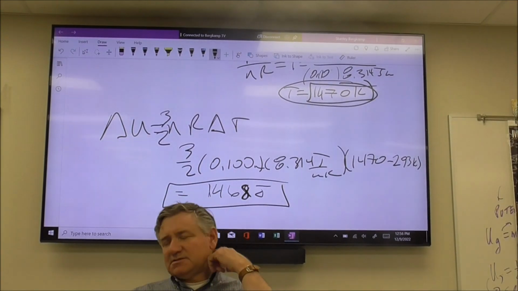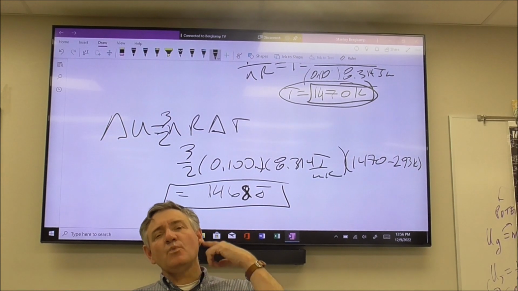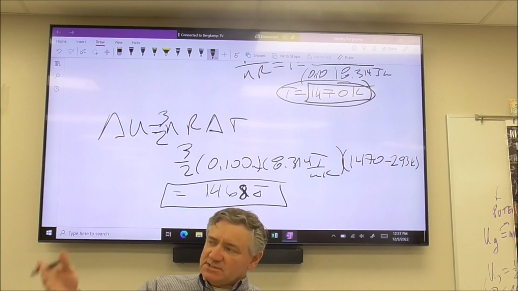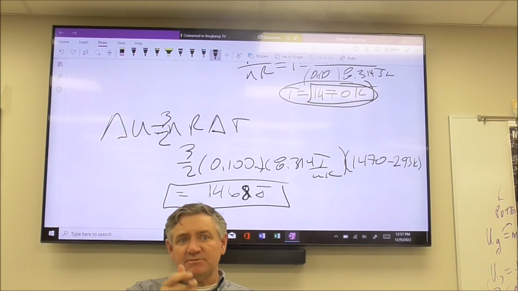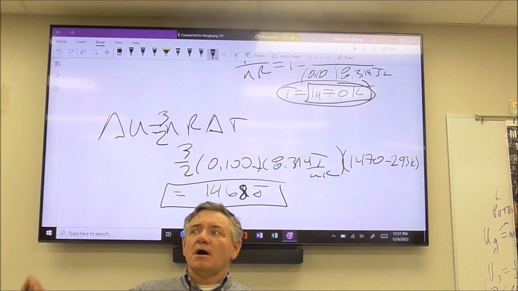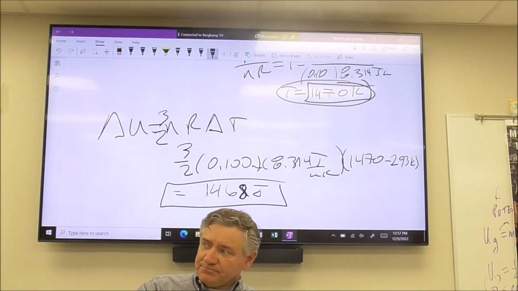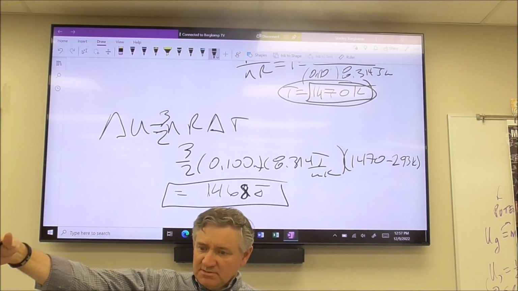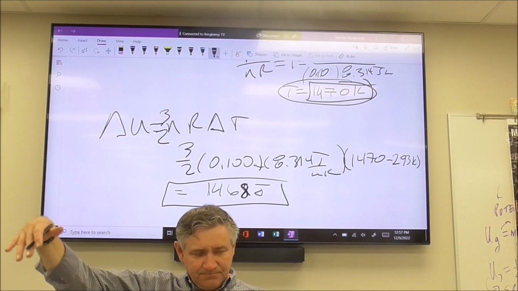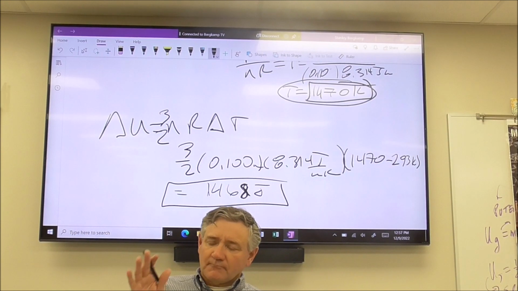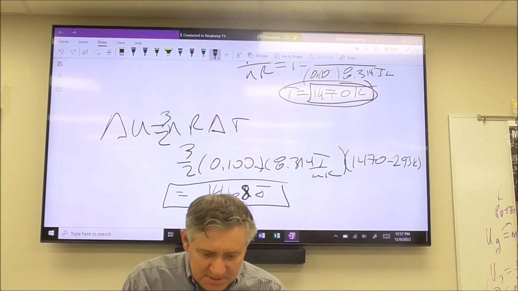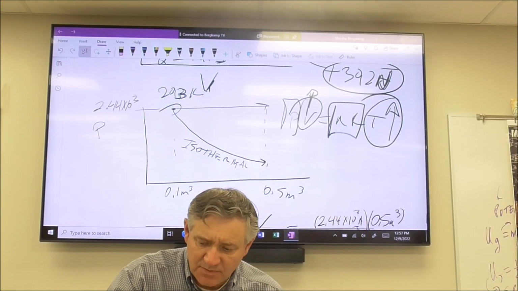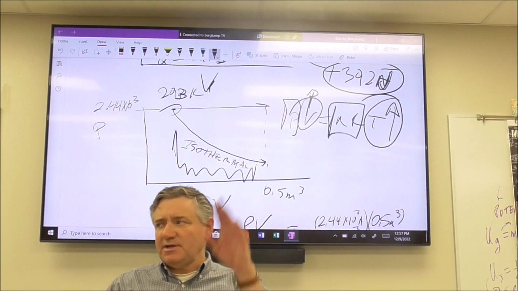So what that means, and again, we have no delta U probes, but what we can measure is temperature. So we can measure the initial temperature, we can measure the final temperature, and we can measure the atmospheric pressure. And as long as that pressure stays the same, and the temperature goes up, we can measure delta U. Now we need to look at work. So here's the deal with work. If it's isothermal, you're finding the area underneath a curved line.